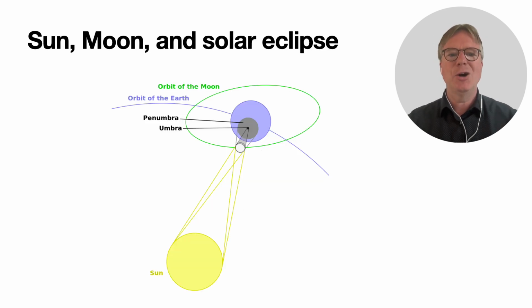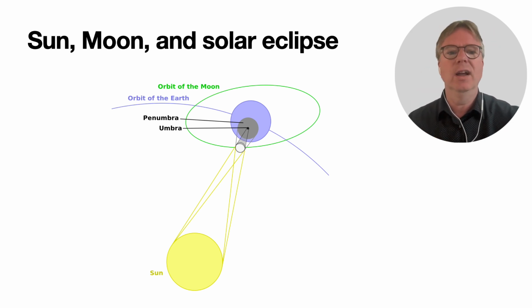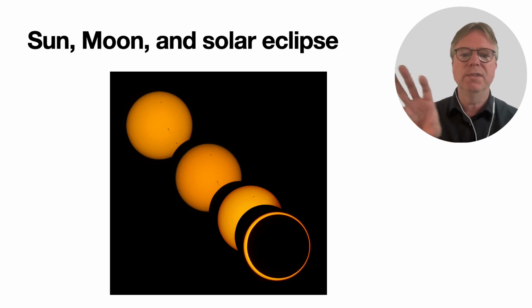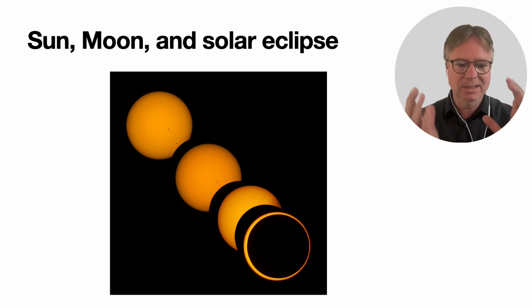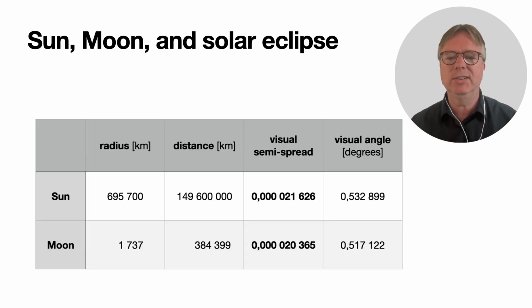So let's now apply this to the sun and the moon seen from the Earth, and the reason why a solar eclipse actually happens. Basically, that's when the moon gets in front of the sun and exactly covers it. So let's look at distances and radii.